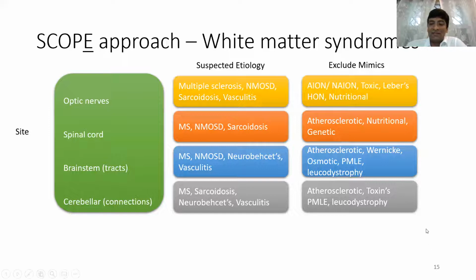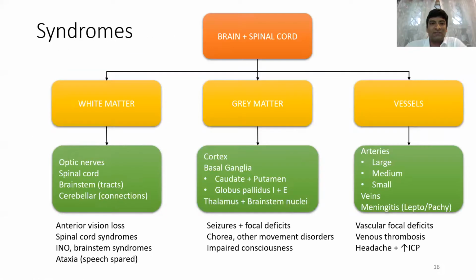And cerebellum is particularly vulnerable to various toxins, including the organic solvents and mercury and heavy metals and so on. So these are important differentials to be excluded when making a diagnosis of an inflammatory disorder. So a syndrome clue, objective proof, and exclusion of relevant differential diagnosis.